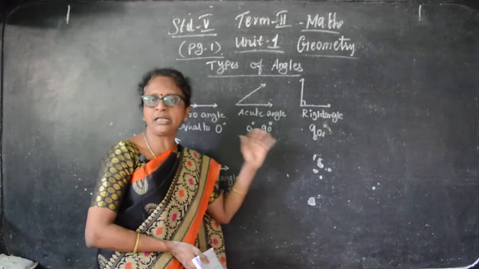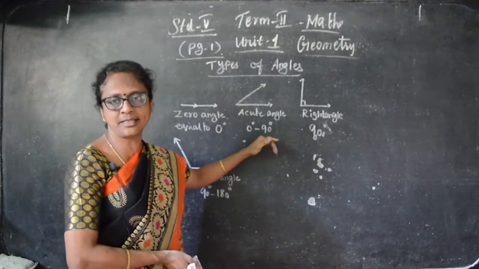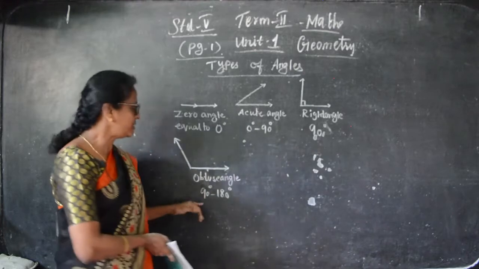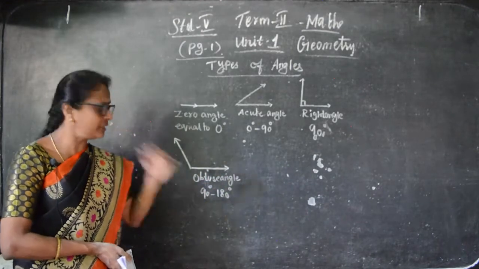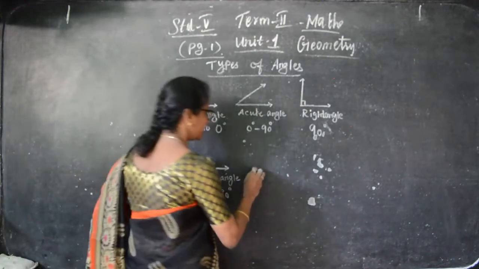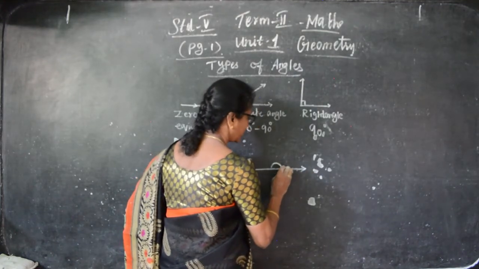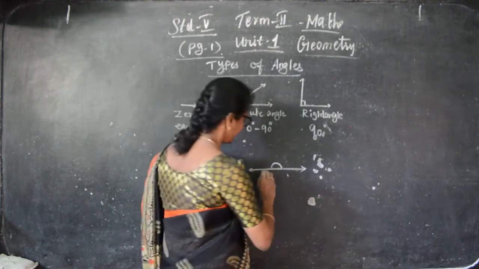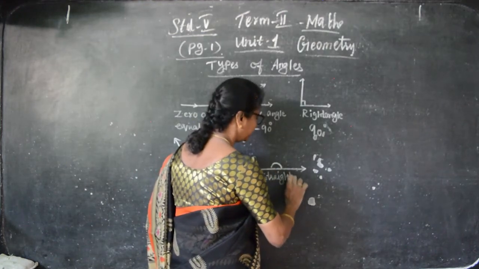Obtuse angle is more than 90, 90, 100, 110, 120 like that till 180 degree. And the next one is the straight angle, that is 180 degree. This is the straight angle. These are the types of angles.